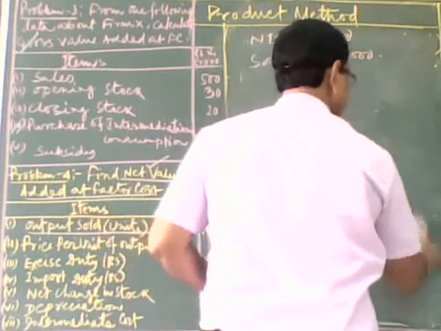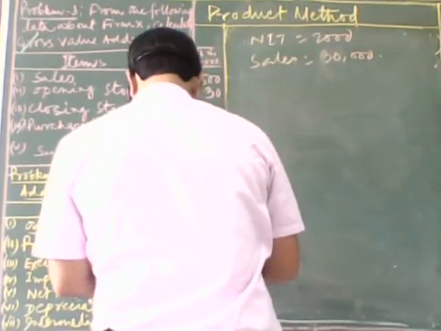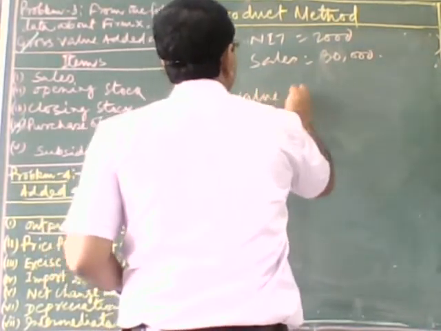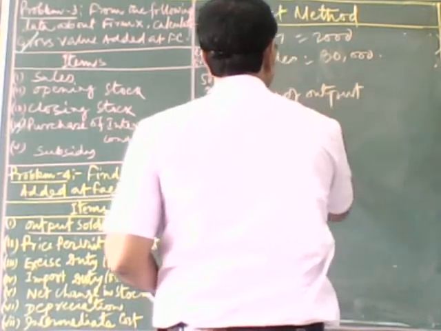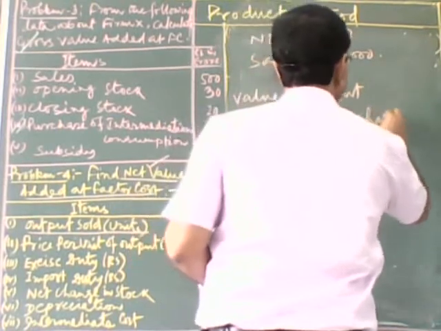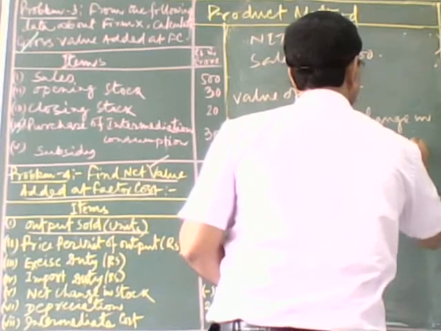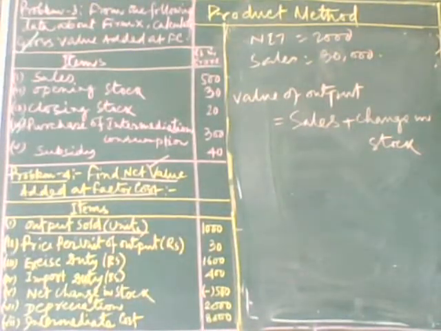According to the concept of product method, we know that value of output is equal to sales plus change in stock.